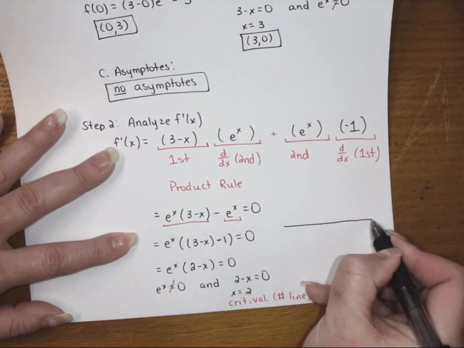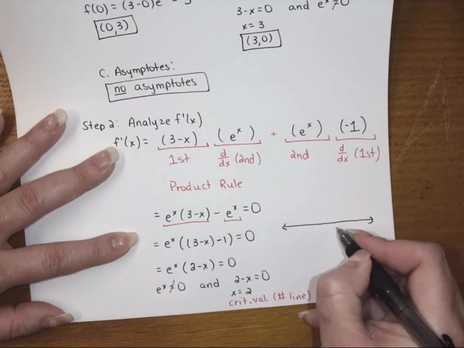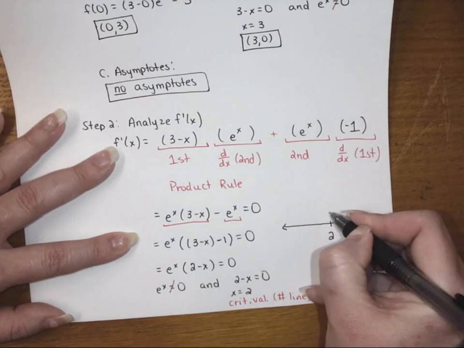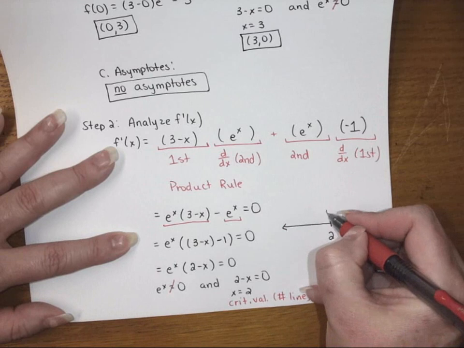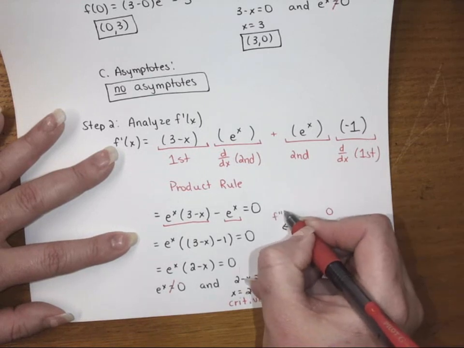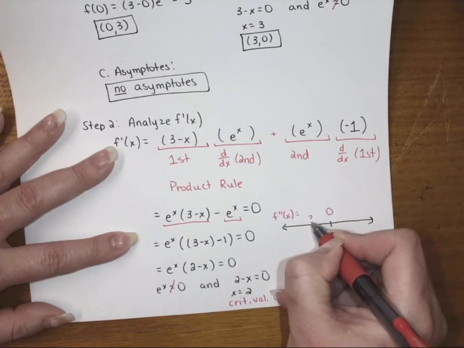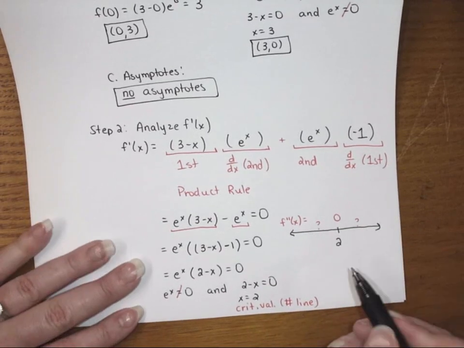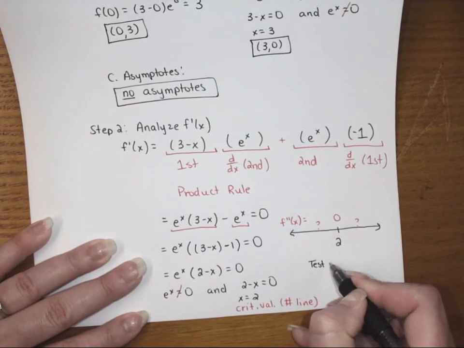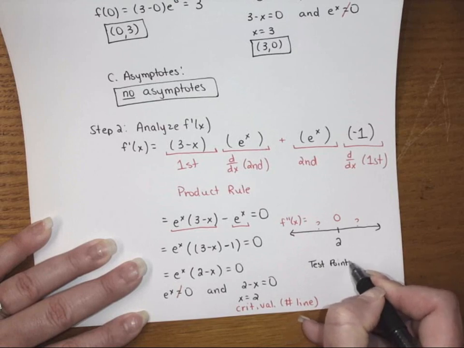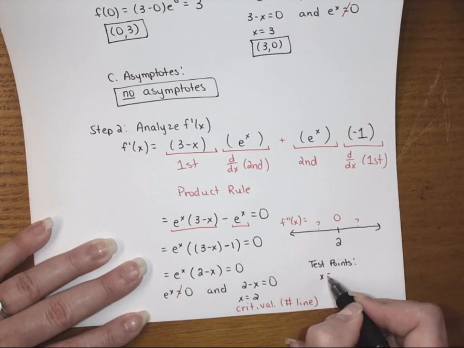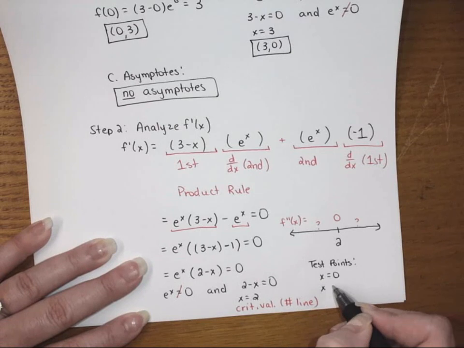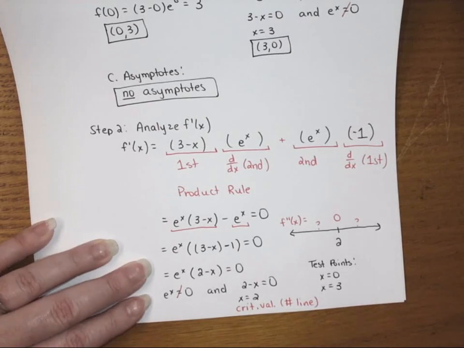So let's sketch a sign chart. We're going to mark 2, and indicate that 2 gave us a first derivative of 0. And then we're going to determine what's going on on each side, and we do that, remember, by choosing test points. The test points I would probably pick are 0 to the left of 2 and 3 to the right of 2.